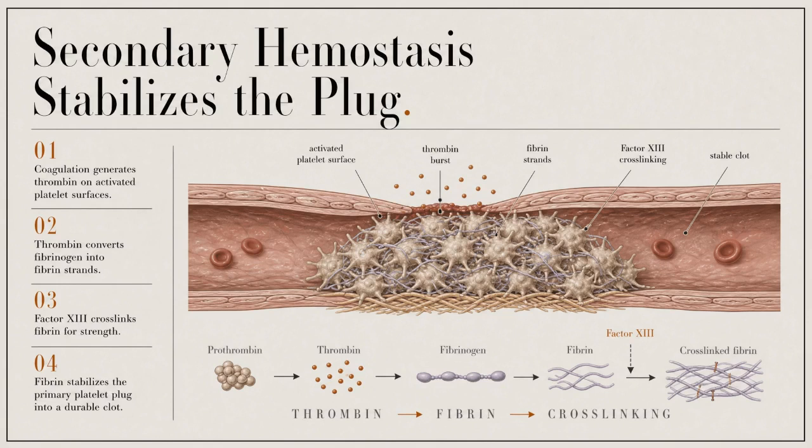Factor 13 then cross-links this fibrin, further strengthening the clot. Defects in secondary hemostasis often lead to deeper, more delayed bleeding, like in hemophilia. So, while primary hemostasis gets the job done quickly, secondary hemostasis ensures the clot is strong enough to last. Now, let's look at how this coagulation process actually gets started.